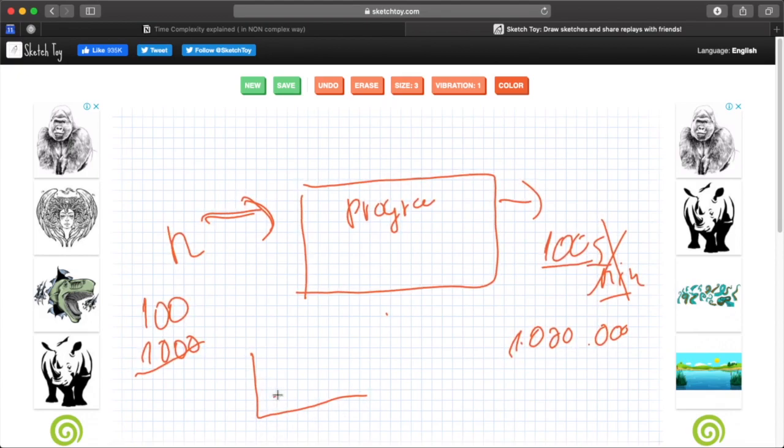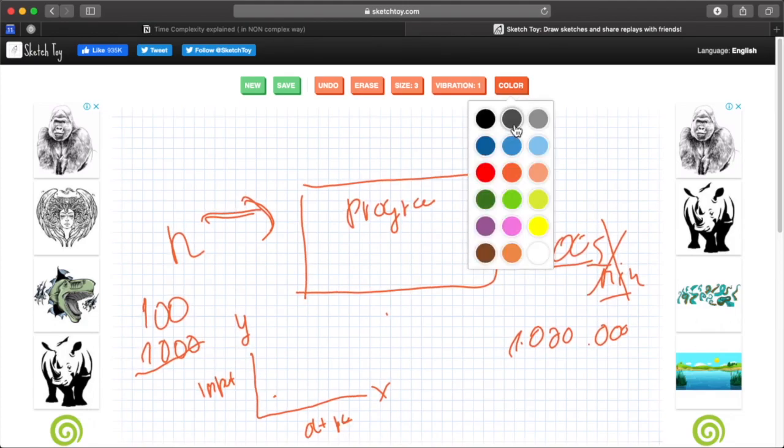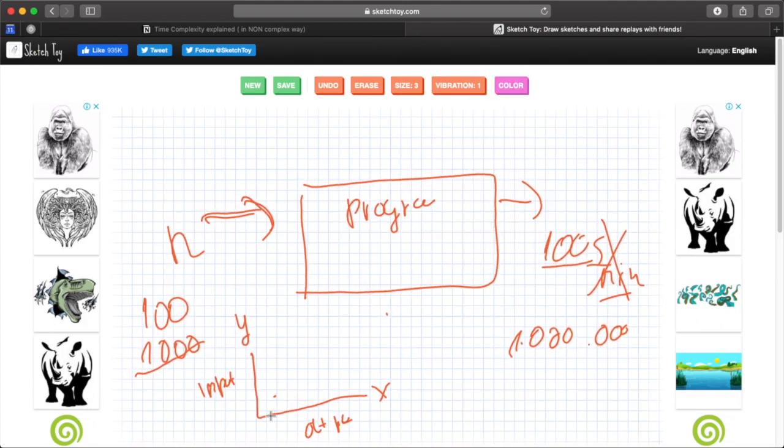Here we have the number of inputs, the number of data, and here we have the output. I should probably change colors, I chose the same color.